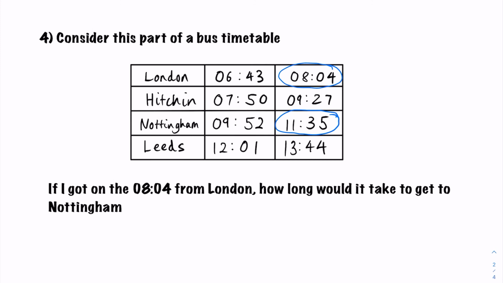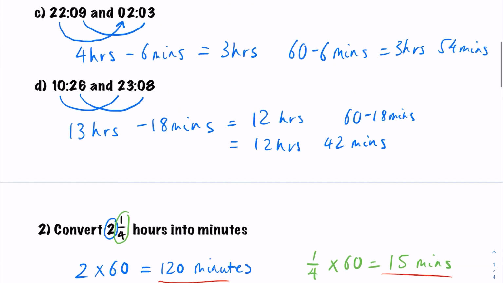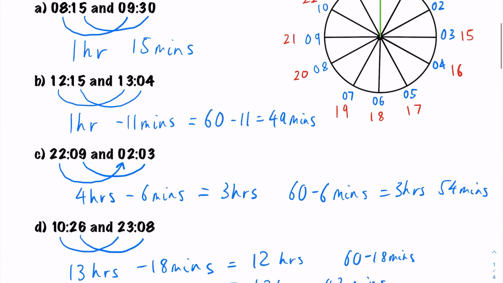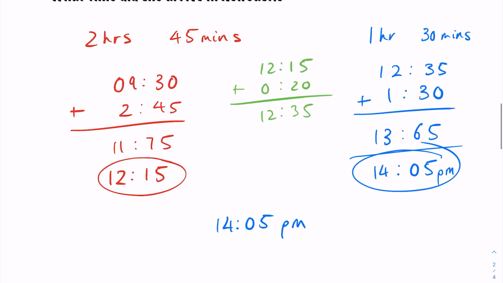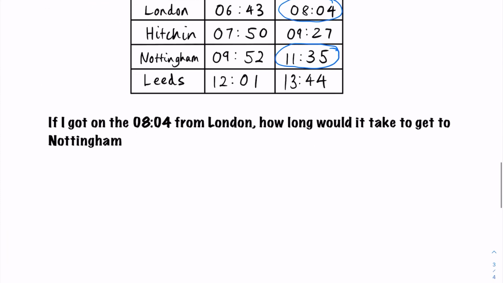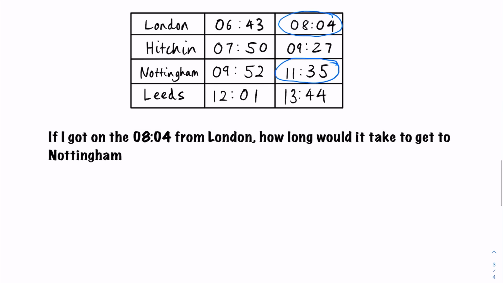I'm just going to show you an alternative way we can do these questions here. So we learnt one way to do them back in question 1. You can just find the difference between the hours and the minutes just by visually seeing it. Or you can use a similar technique we were doing in this question here. And we would say, well, we're going to find the difference between 11:35 and 08:04 when we left.